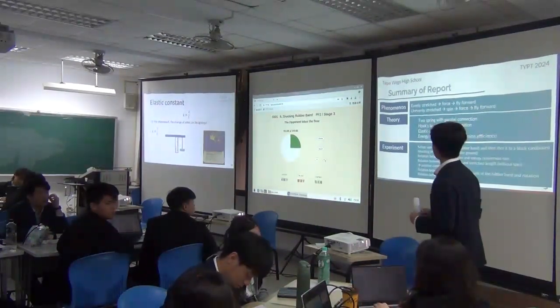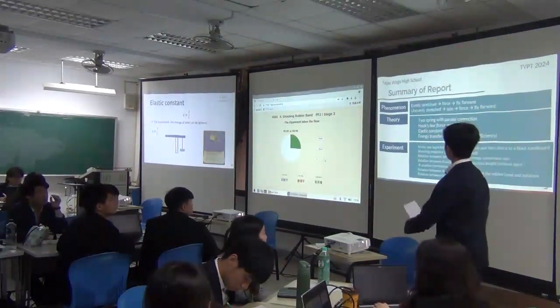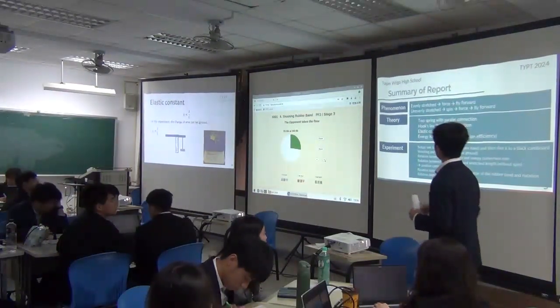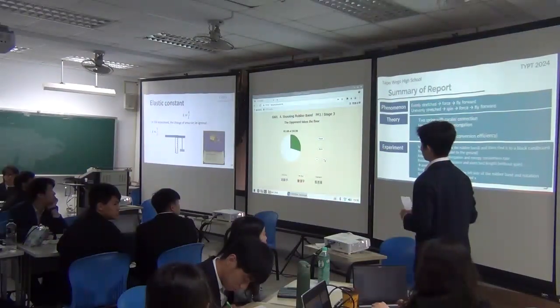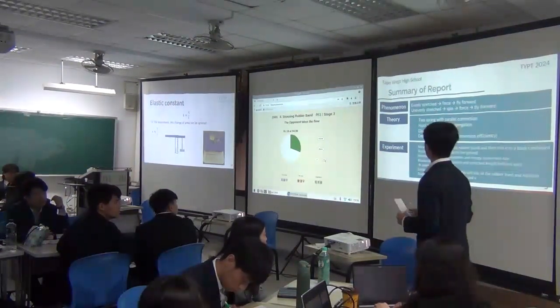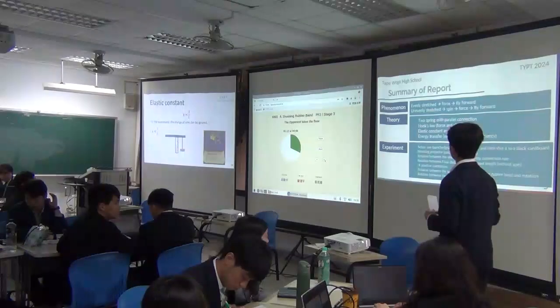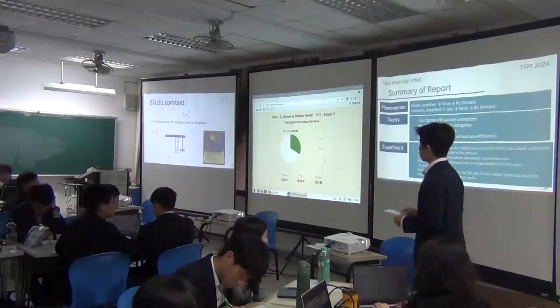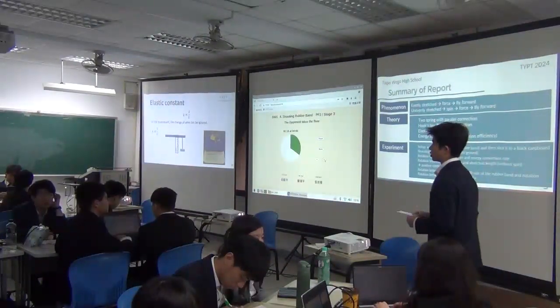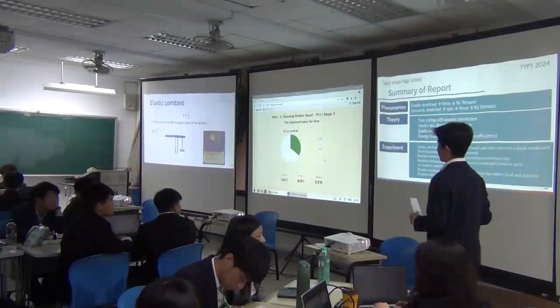For the theory, they explain that they use two strings to modify the model, and they use Hooke's law, elastic constant analysis, and energy transformation to explain why an unevenly stretched rubber band will fly further.